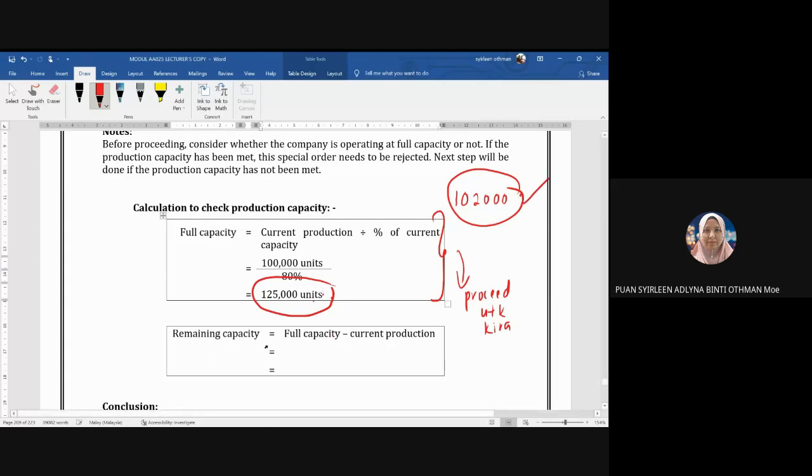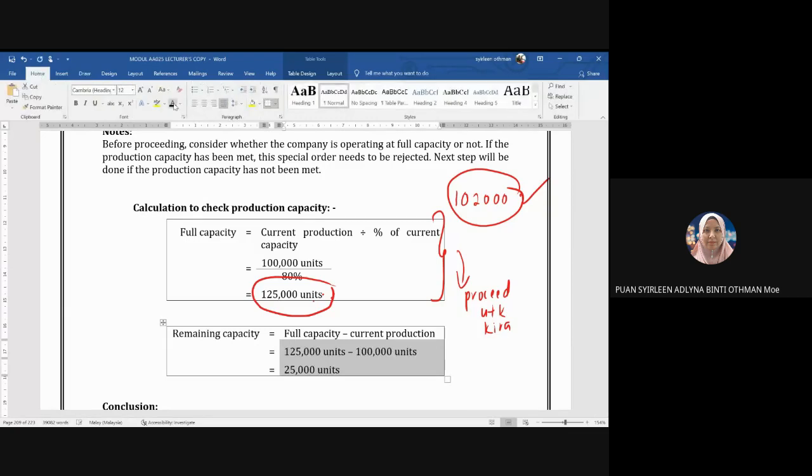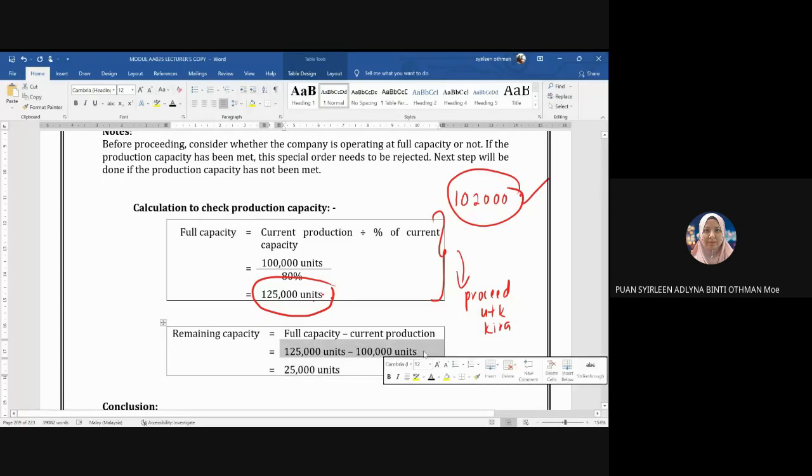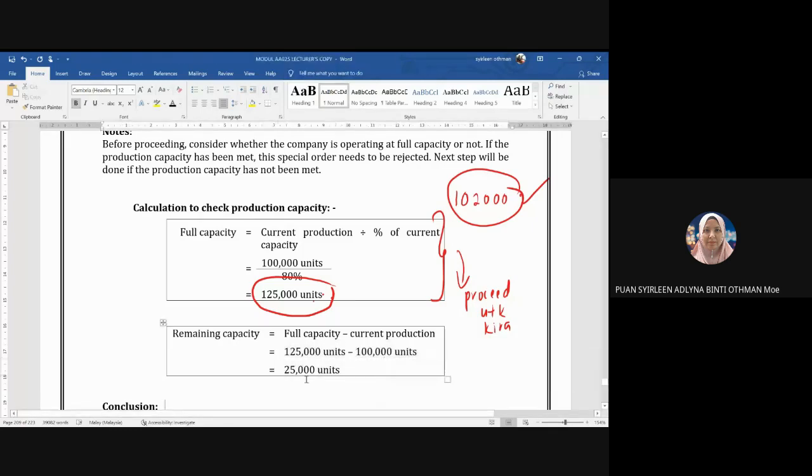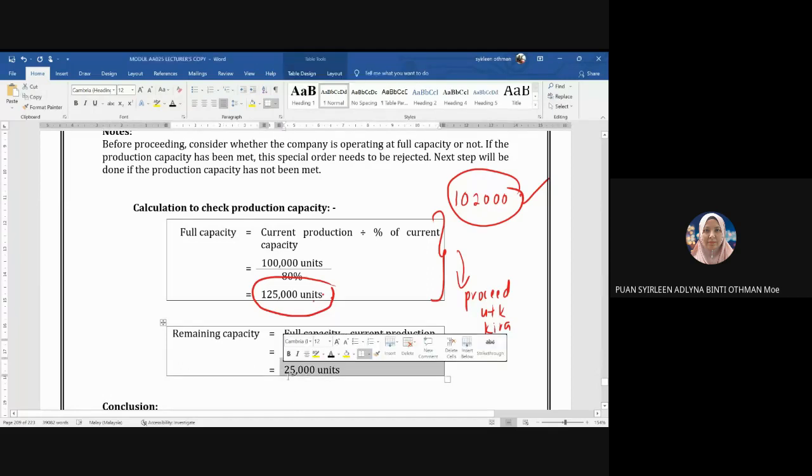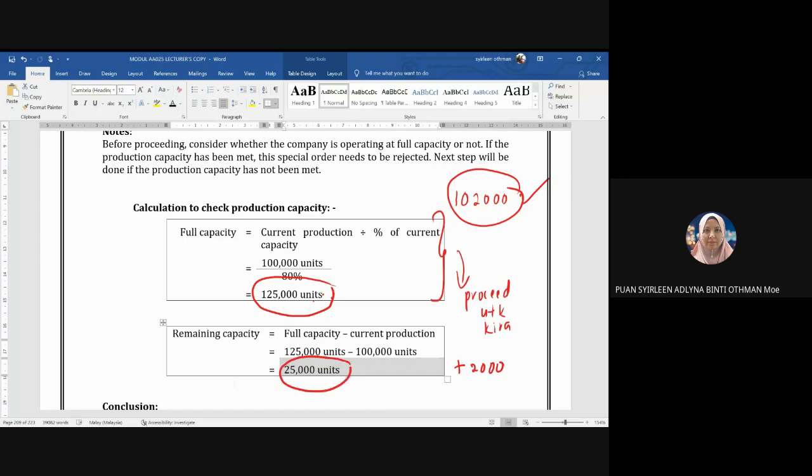So the remaining capacity, you have 125 sepatutnya maksimum, tapi sekarang ni the current one you are producing is 100,000. So maksudnya kilang masih mampu keluarkan tambahan sehingga 25,000. Boleh atau tidak saya teruskan dengan pengiraan? Boleh, sebab I cuma nak tambah 2,000 saja. Kilang mampu nak tambah sehingga 25,000.